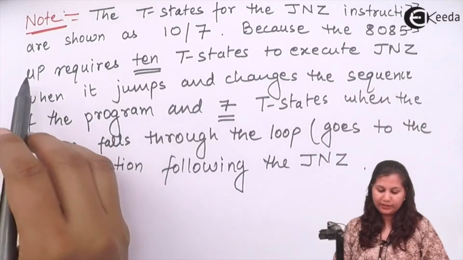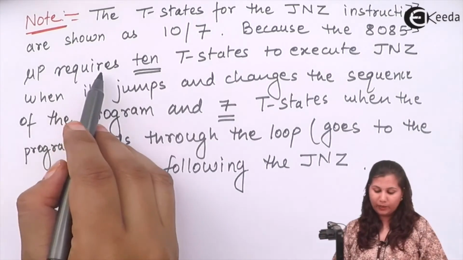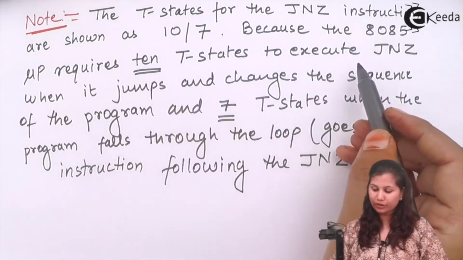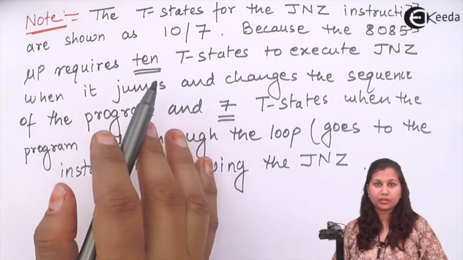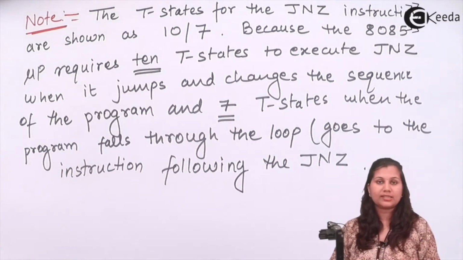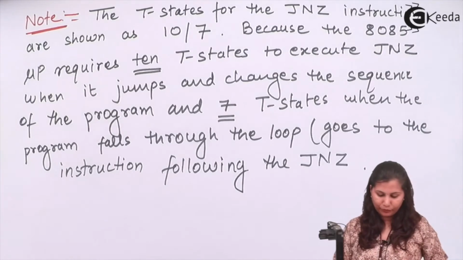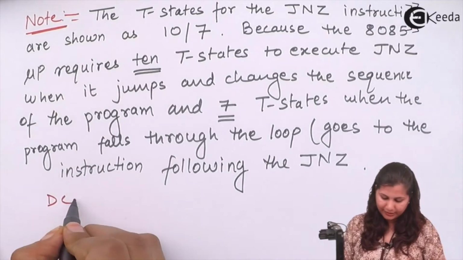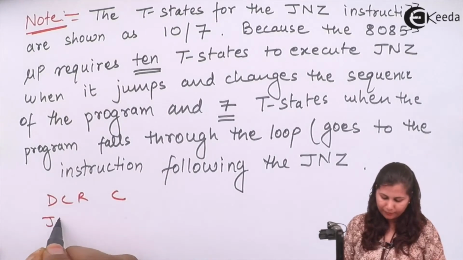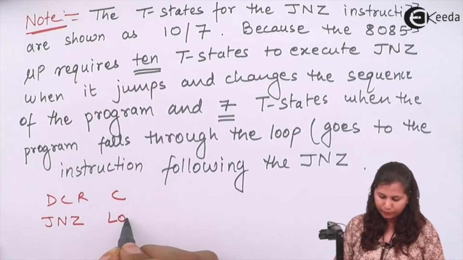Because the 8085 microprocessor requires 10 T states for the JNZ instruction when it jumps and changes the sequence of the program.